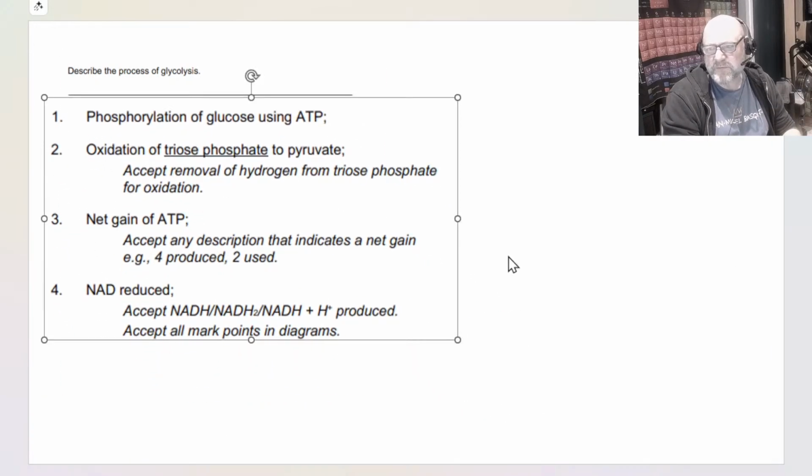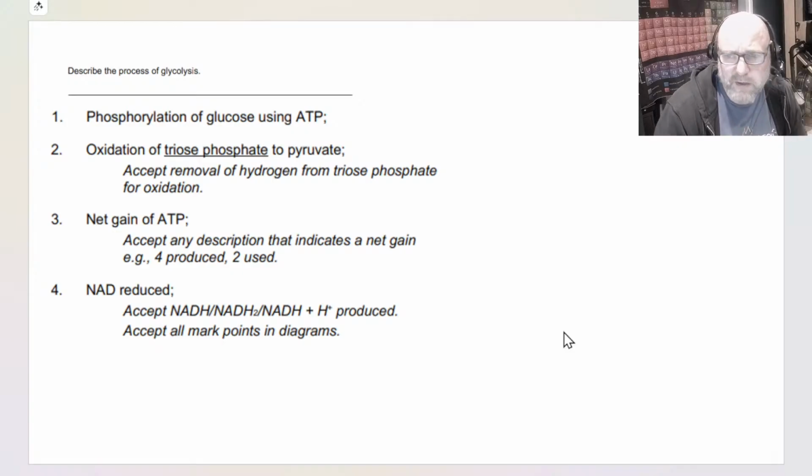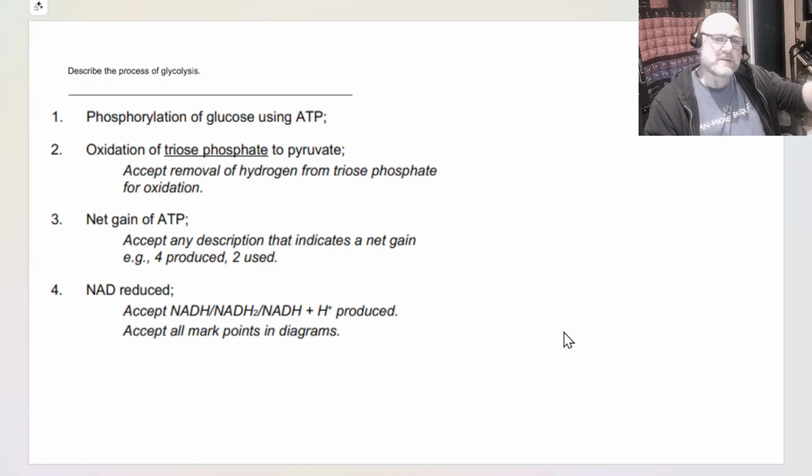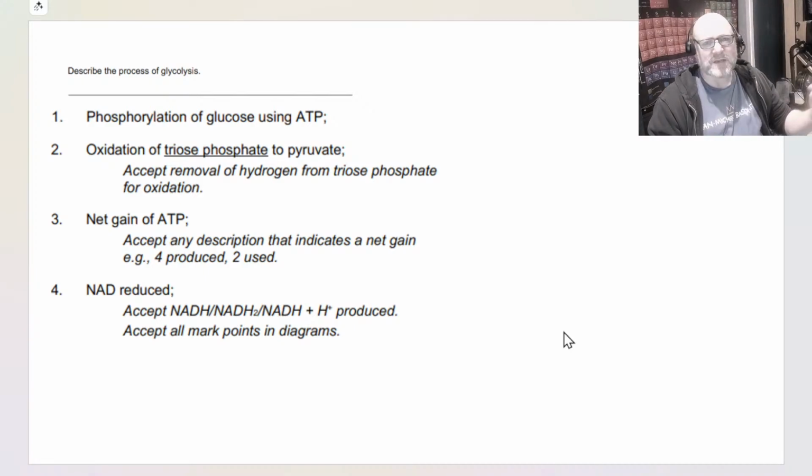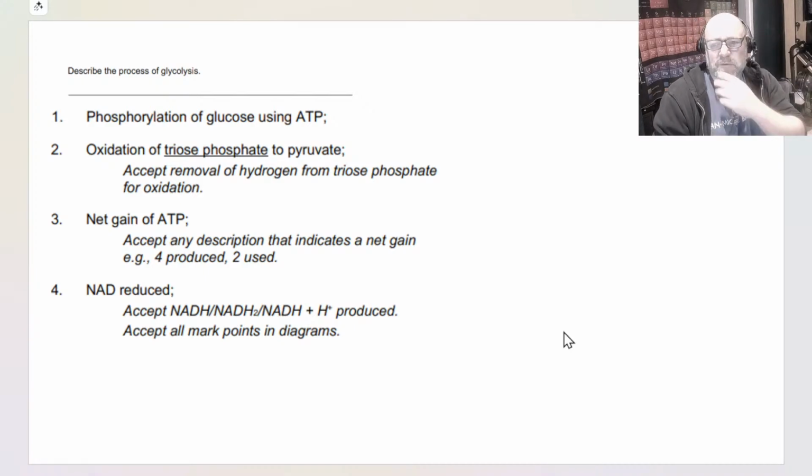And this is a question from the OCR A-level biology syllabus. So they break down the glycolysis into just the broad summary terms. You very rarely have to talk about things like hexose bisphosphate, if ever. So phosphorylation of glucose using ATP, oxidation of triose phosphate to pyruvate. Now the underlining of triose means they won't give you that mark in OCR unless you say that it's the triose phosphate that's oxidized rather than the glucose.